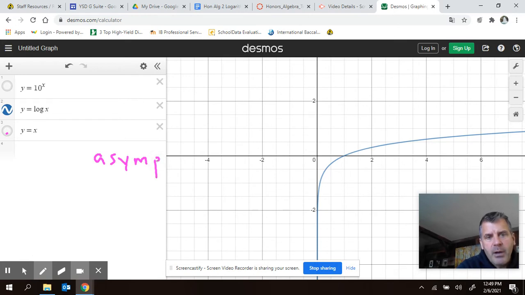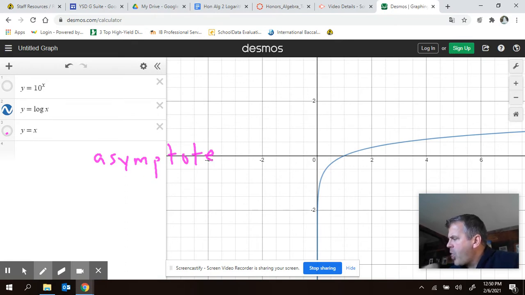This goes, by the way, right along with the example in your book. I believe it's talked about and leads into example number 5, where we look at the graph of a logarithm and identify some key features.